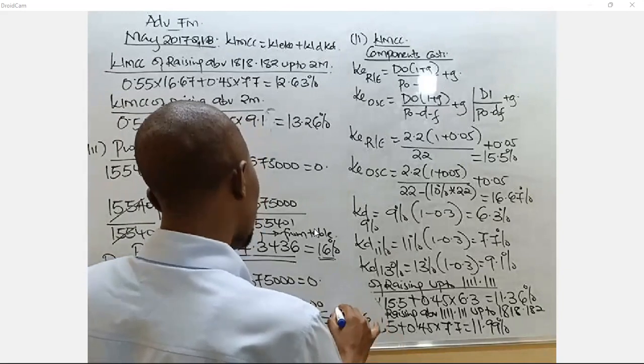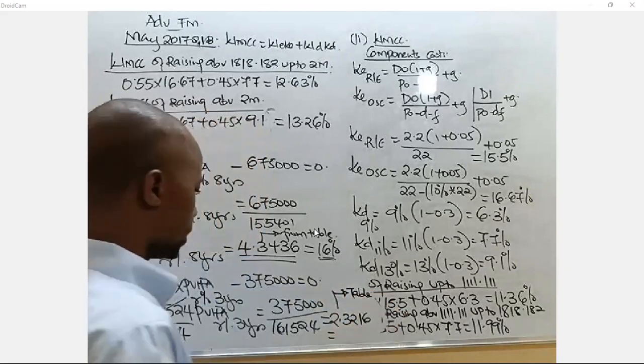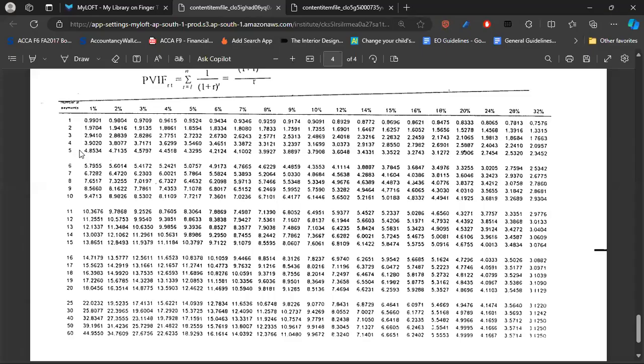2.3216. With this you go and look at the table. What will be your rates? So I go back to the annuity table. Now we are dealing with 3 years, and I look for 2.3216. I go row-wise. 2.3216 is this one, which is 14%.